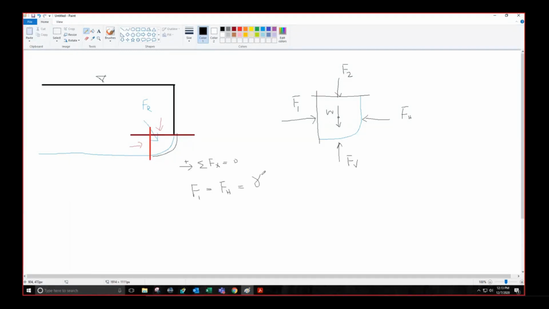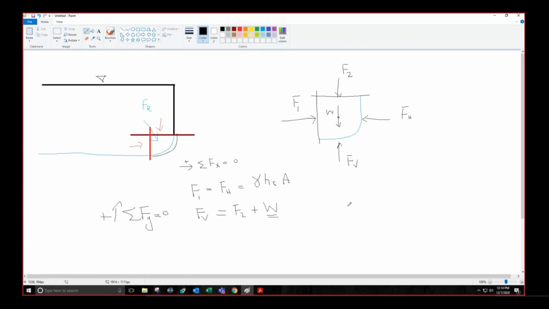So gamma h_C A. We can also write FV: if we apply equilibrium summation Fy equal to 0, with positive being upwards, we can write FV equals F2 plus W, where W can be the weight of the body as well as the weight of the fluid.